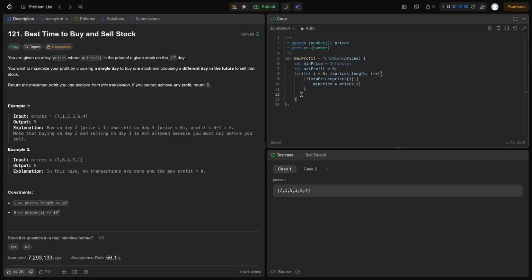So to check the maximum profit, we'll add a condition: if max profit is less than the current price minus the minimum price. So we'll check what the price is at which I would buy to get the maximum profit.